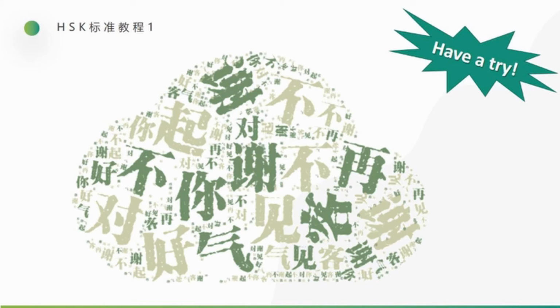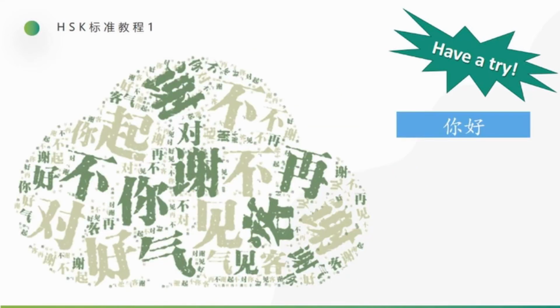For example, like we can find this one, 你好, right? Here is 你 and 好, 你好, like this. Find words or characters, words or phrases. Let's try more. The words.